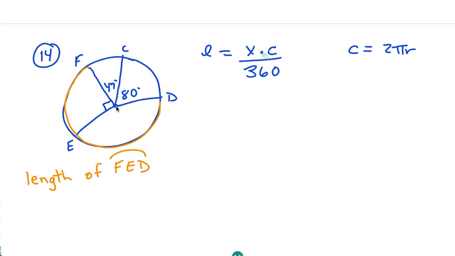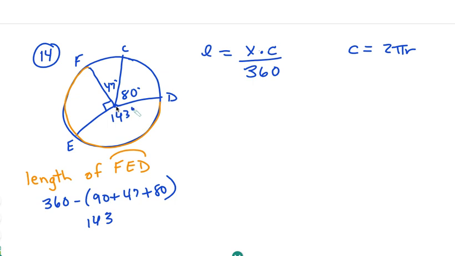So I'm going to subtract so that I can figure out my angle. I have 360 minus, and I have 90 plus 47 degrees plus 80. So this angle is going to equal 143.